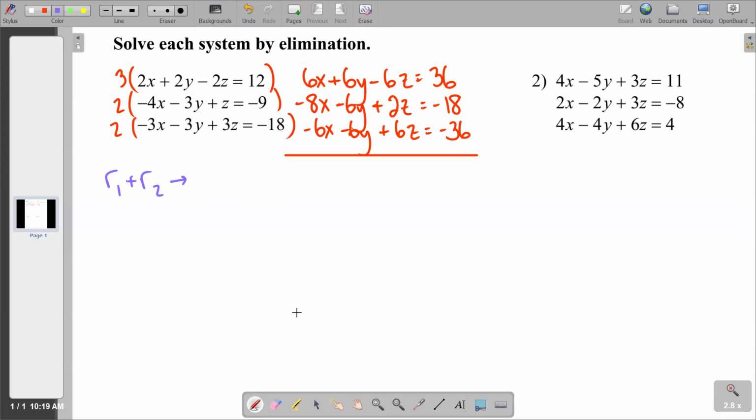But let's just say you're kind of listening to your music, maybe chatting with your friends, and it's just another problem. So if we add row 1 and row 2, we get negative 2x's. We get the y's to cancel. We get negative 4z's, and 36 and negative 18 make 18. And we're just like, whatever, send another text. And we go on to the next one.